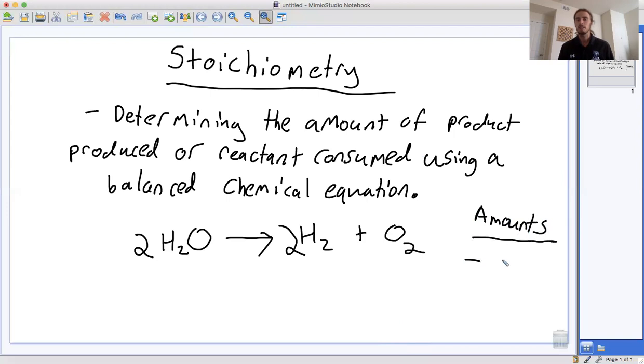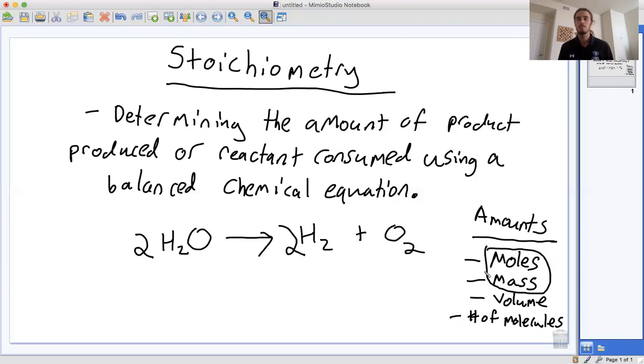We can express the amount of something in moles, the mass, the volume, or even the number of molecules or particles. For today, and so far in the course, we've really only looked at moles and mass.